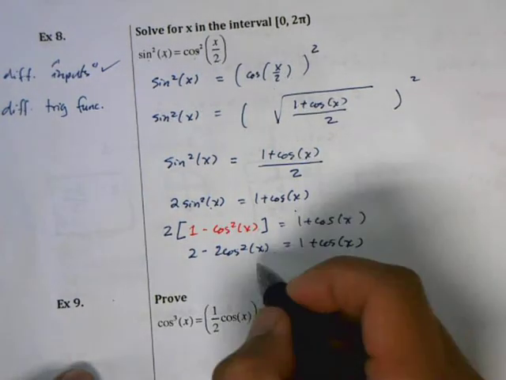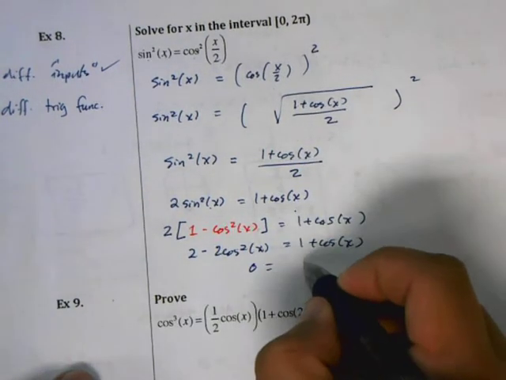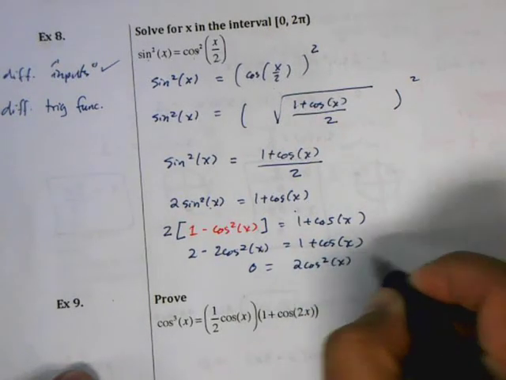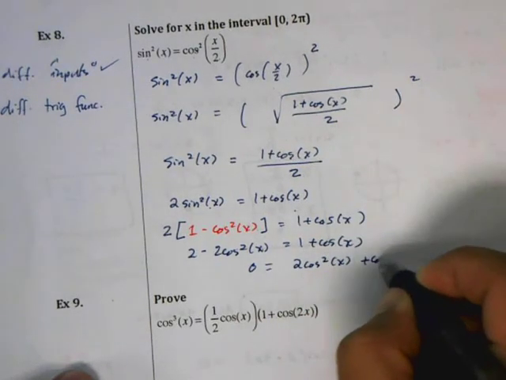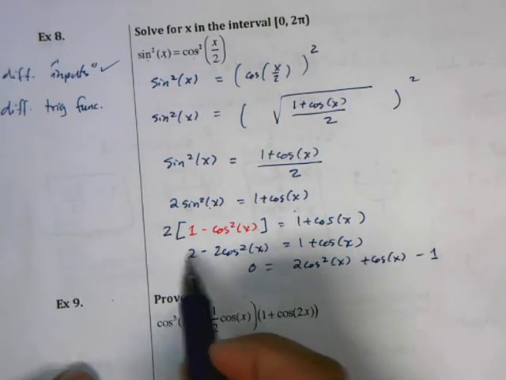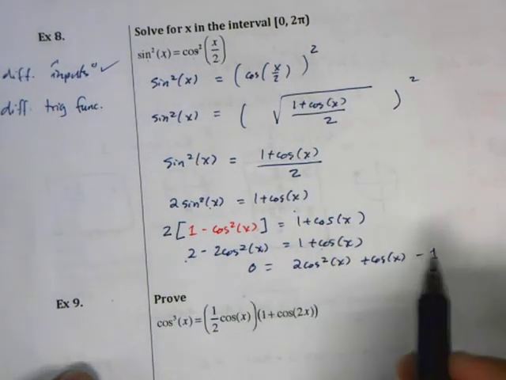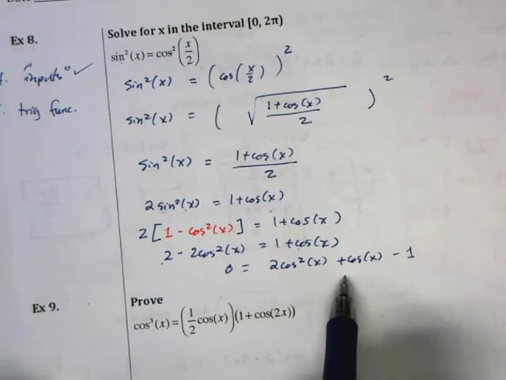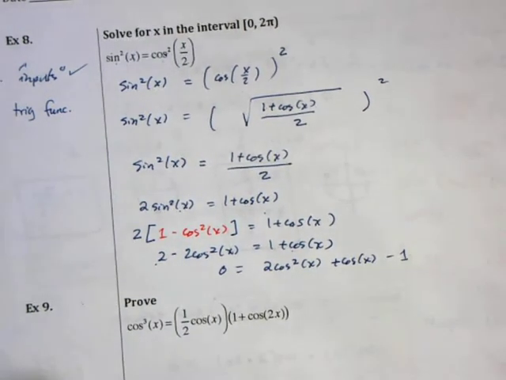And then I'm just going to clear out one side, and I'm going to get 0 equals 2 cosine squared plus cosine minus 1. This 2 here is going to become a negative 2 plus 1. That's going to give me negative 1. And you've seen these problems before. We've done a lot of these before in class.